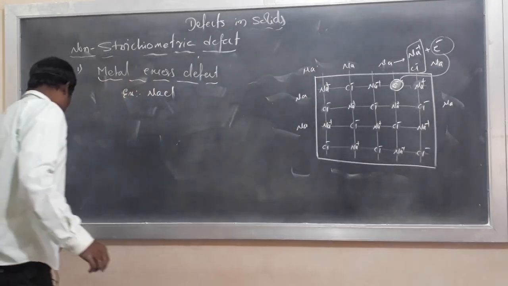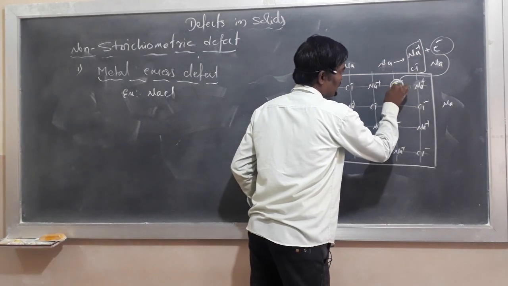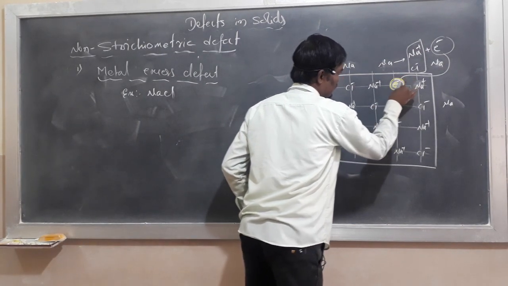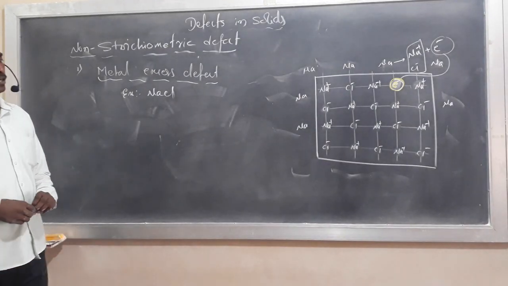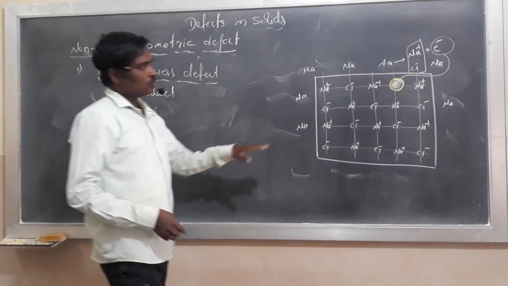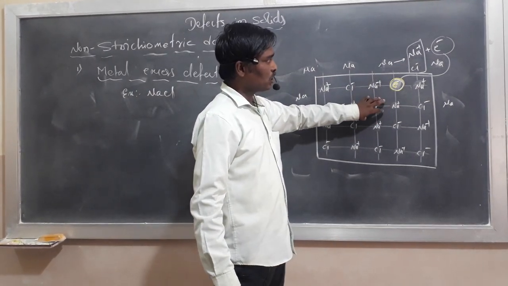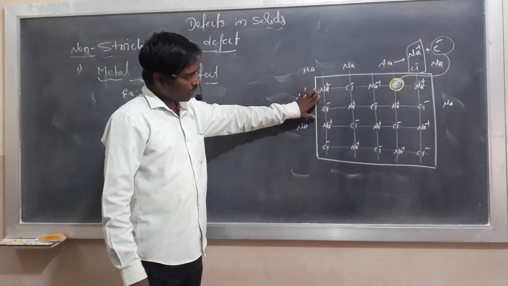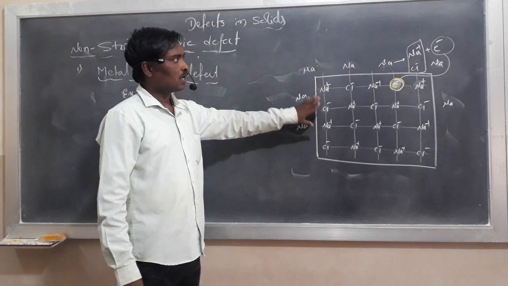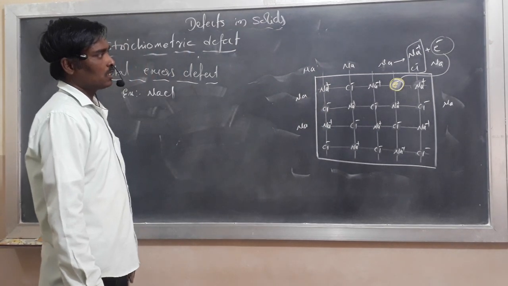So this electron will occupy an anionic site. The electron is present here. Like that, a few chloride ions are missing from the regular lattice points, and those positions are occupied by electrons. Compared to the metal ions, non-metals are less.